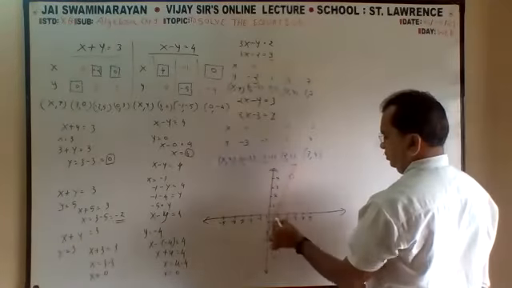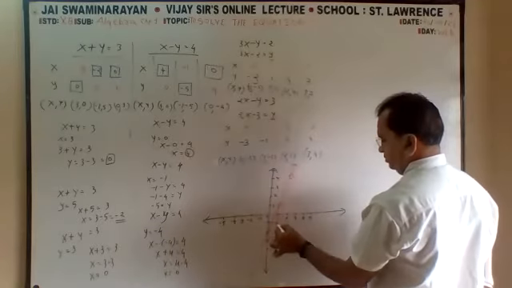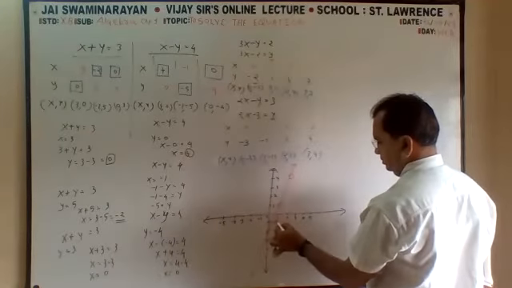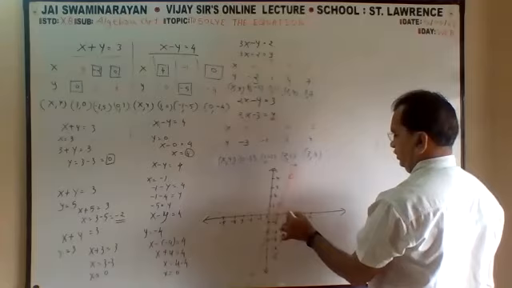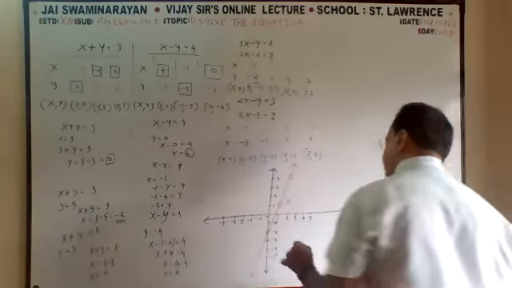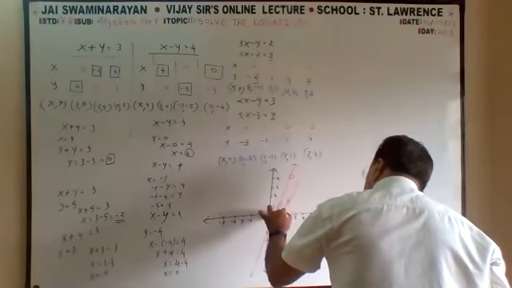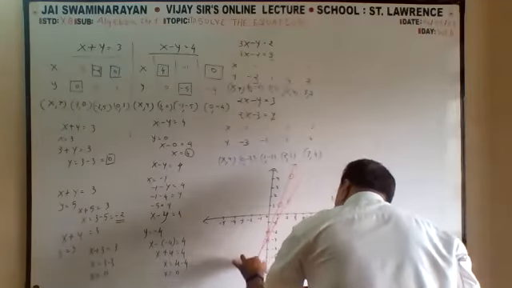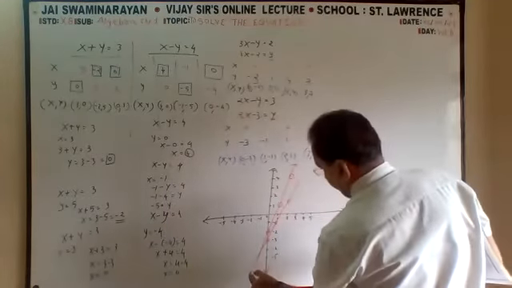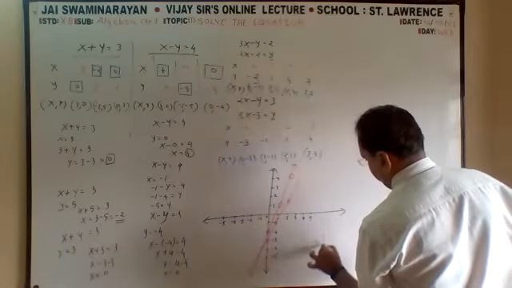Now 0 and -3, 1 and -1, 2 and 1. Take a minimum of 3 points. Now we join this. Somewhere here they will meet, that is -1, -4.